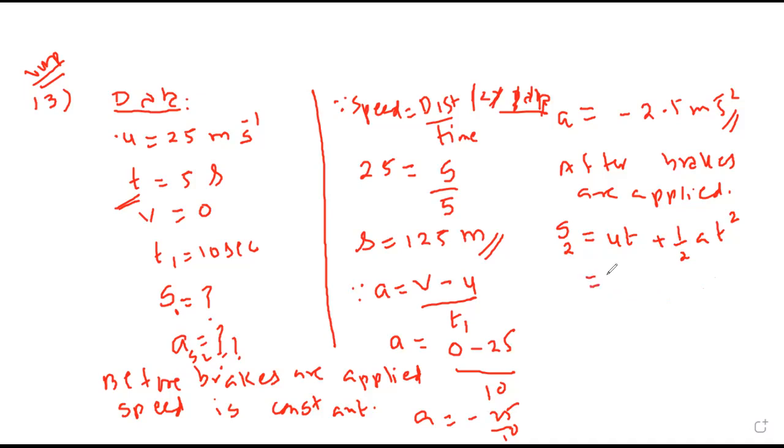U is 25, T is 10 plus half minus 2.5 into 10 square.